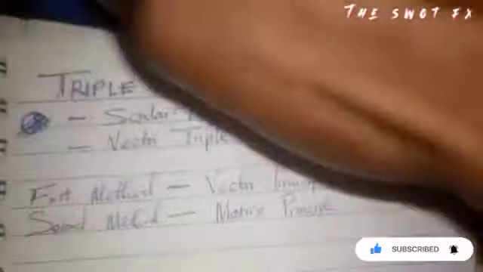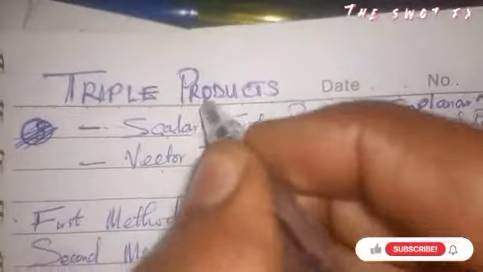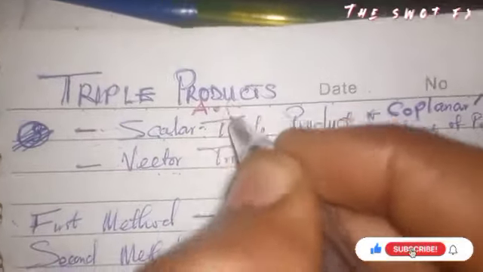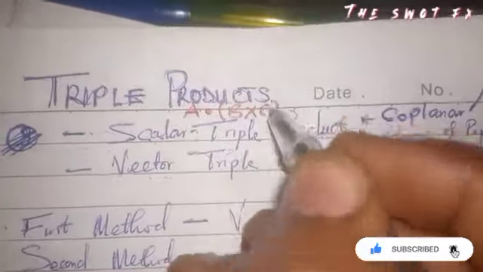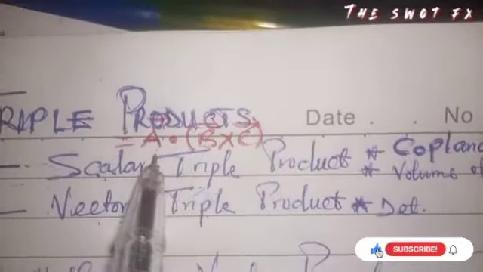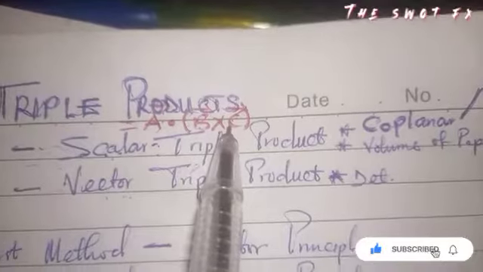The scalar triple product is in this form: a dot b times c, with a vector arrow on each. So it is solved in this form: a dot open bracket b times c. Do we get that now?